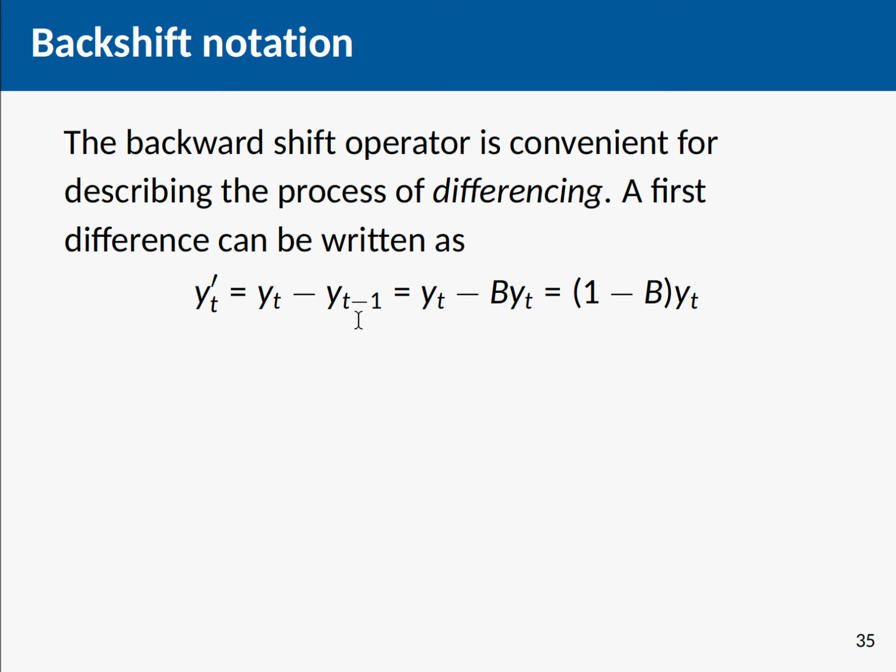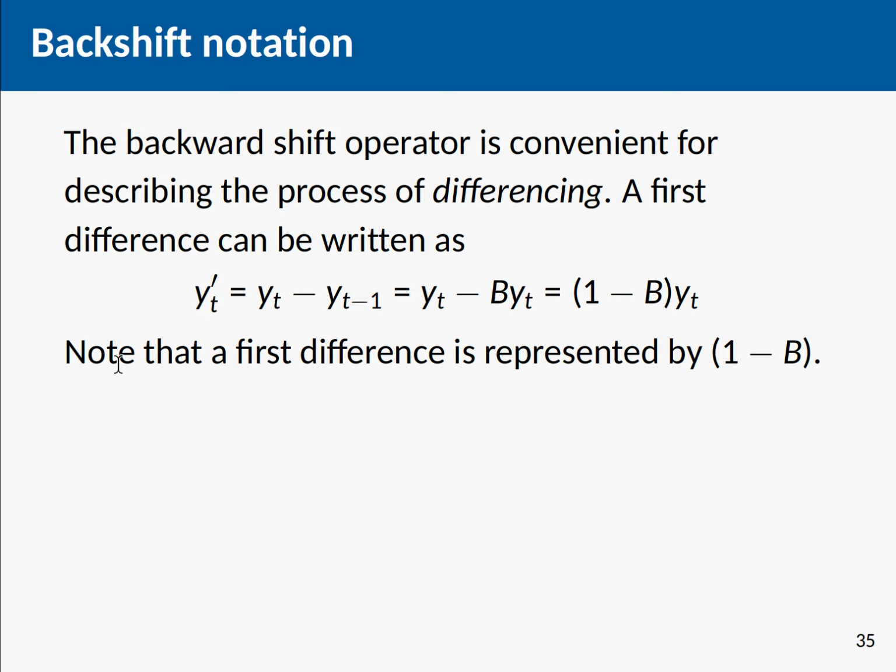You can rewrite yt minus 1 as B times yt, and then rewrite this expression as 1 minus B times yt. So the first difference is represented by 1 minus B.